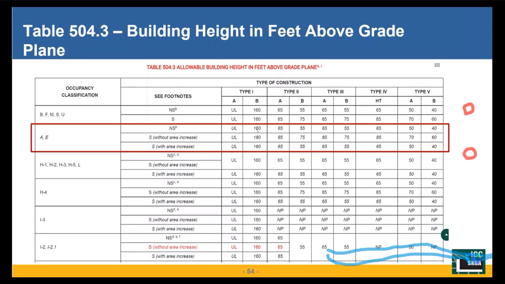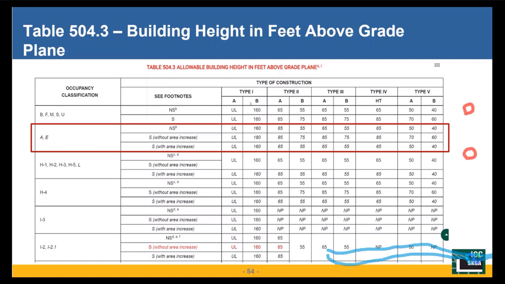So again, I want to repeat this because it's very critical and it will explain why you see S without area increase and you see S with area increase. The fire marshal doesn't want you to double dip, to use the sprinklers to increase the building height by 20 feet and also to increase an allowable area. You can use one or the other. So that's why you have these two numbers.